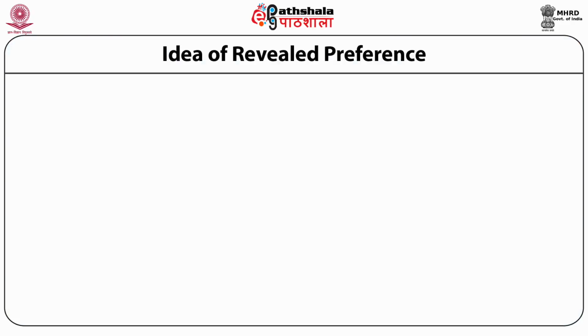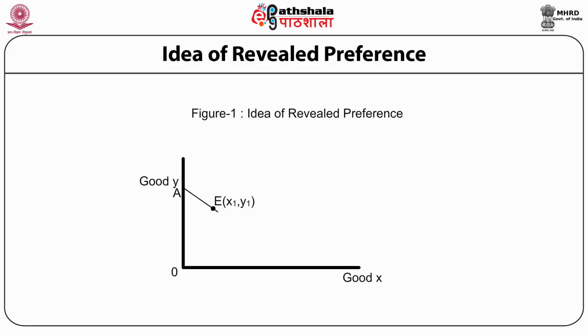To get some more idea about the revealed preference, take the case of the following example. Now, suppose there is a rational consumer who wants to maximize utility given his budget or income. Figure 1 is depicting the budget line and bundles of commodities that this consumer can afford. Now, you can see the figure 1.